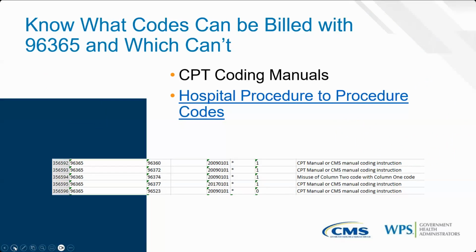So we're not going to go back to that code list, but I do want to refer you back to that and make sure you're looking at what's in your column 1 and what's in your column 2. And if there's a modifier that says they can or cannot be done together, and if there are additional instructions, what do those additional instructions say?